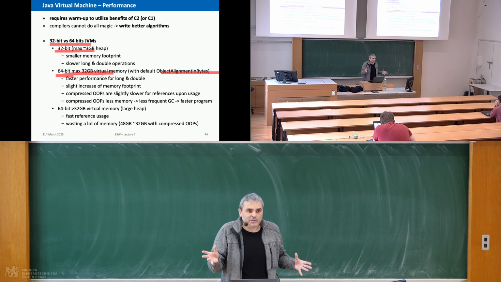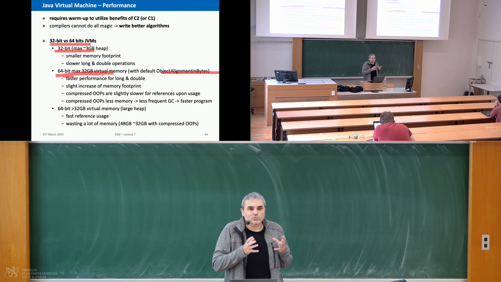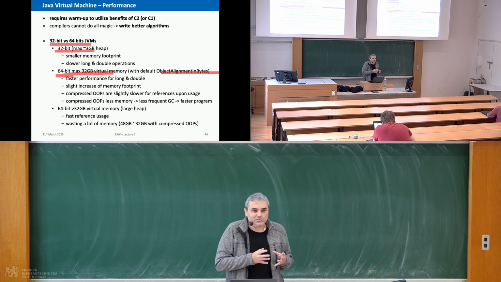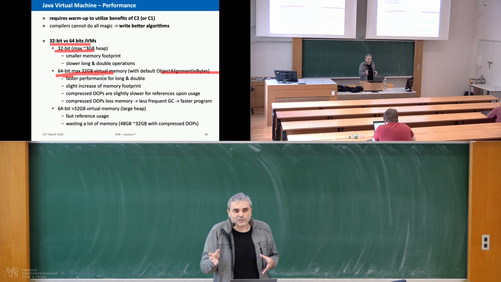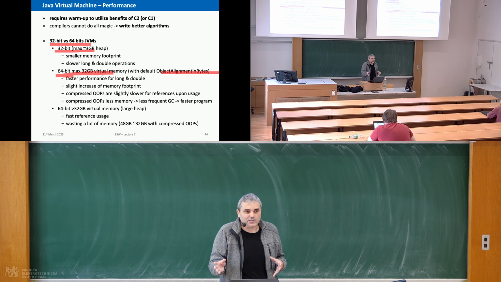It reduces the memory, fine, but also you will better utilize your L1 caches, which are very limited. They are very expensive in hardware, and if you have just 32 kilobytes of L1 data cache, and you save a lot of space on the pointers, everything is a pointer. Everything is usually an object, except the primitives in the virtual machine.